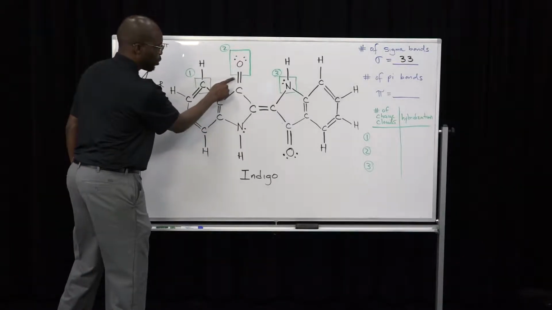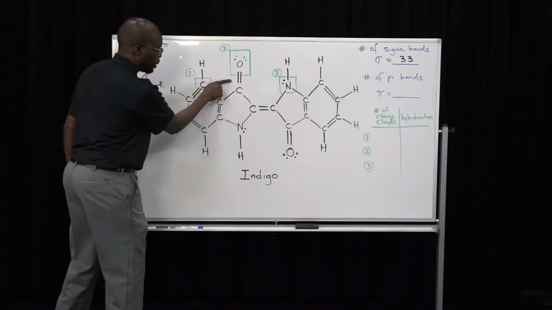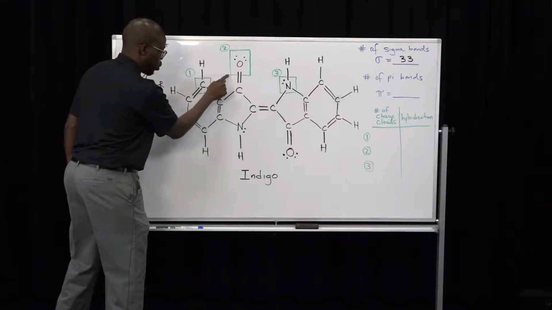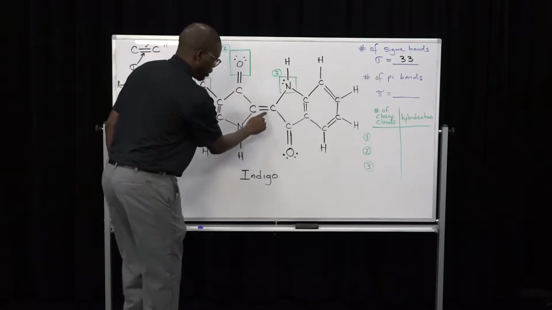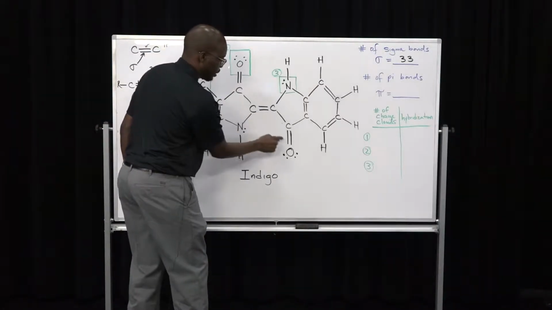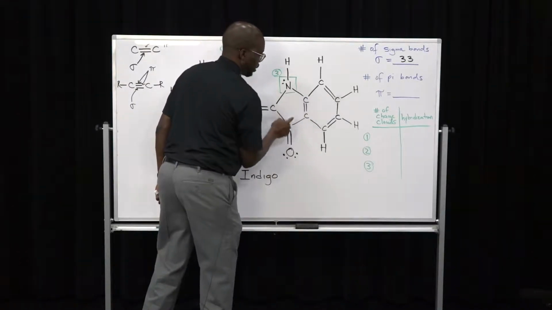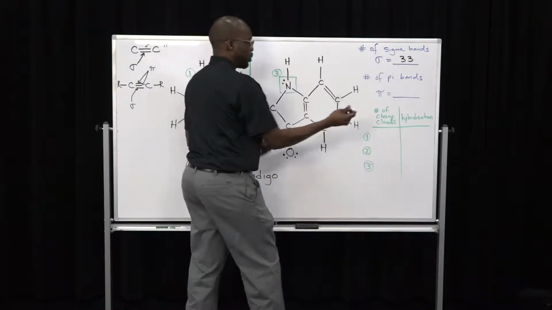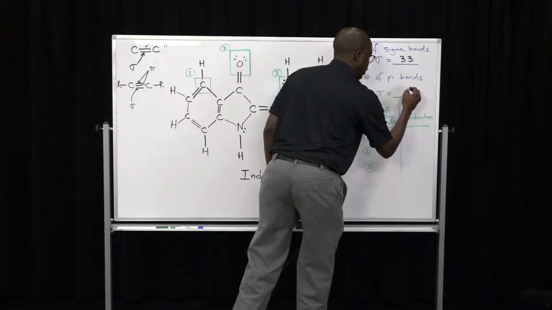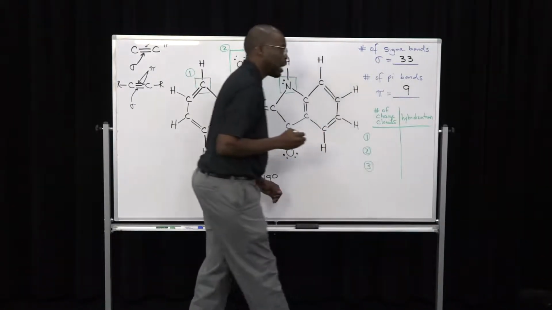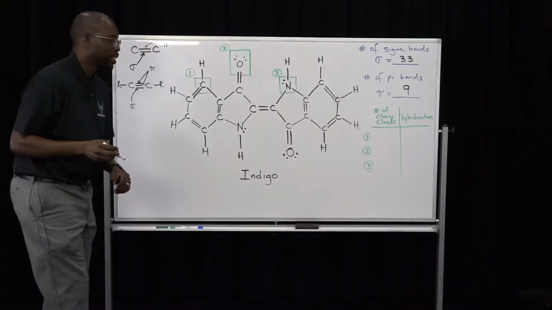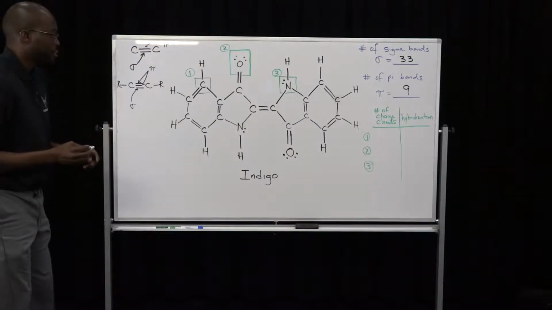If we look out on the periphery where this carbon double bond is, this is 4, 5 here, 6, 7, 8, and 9. So we have a grand total of 9 pi bonds. Okay? Simple enough.